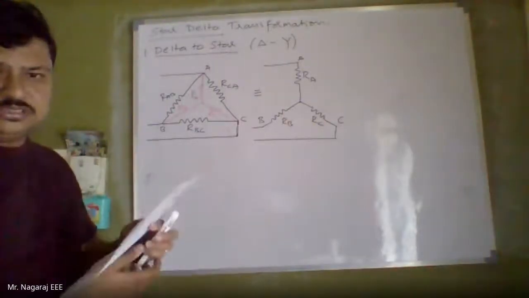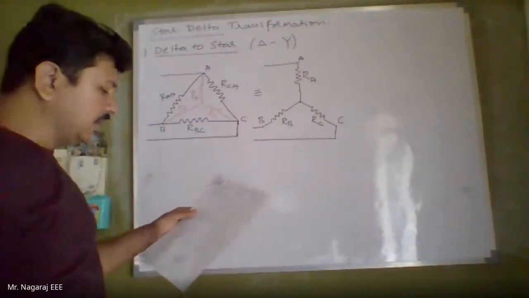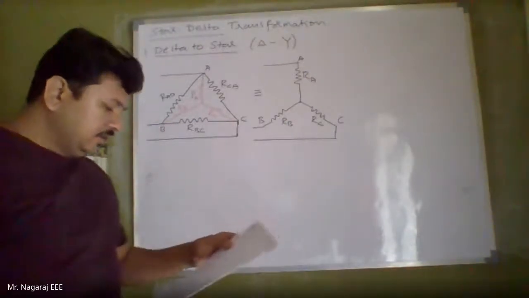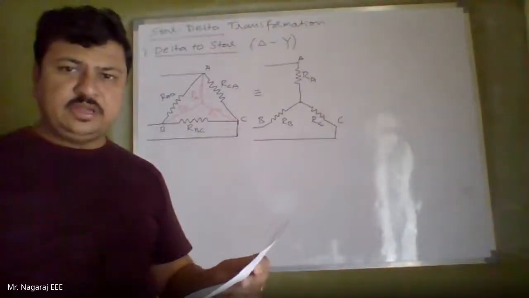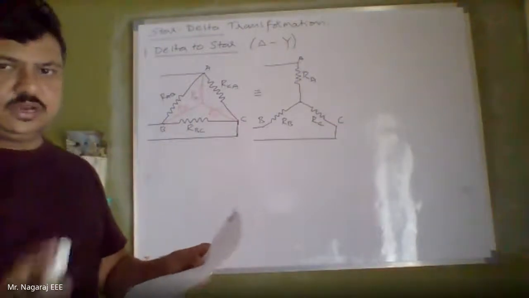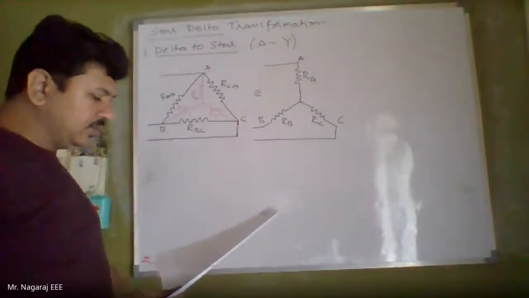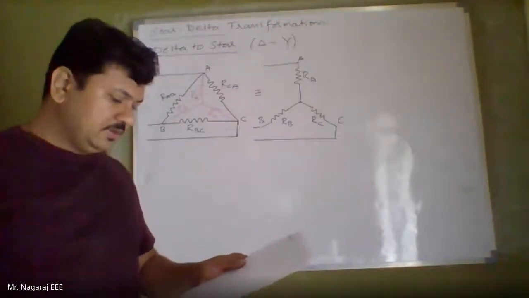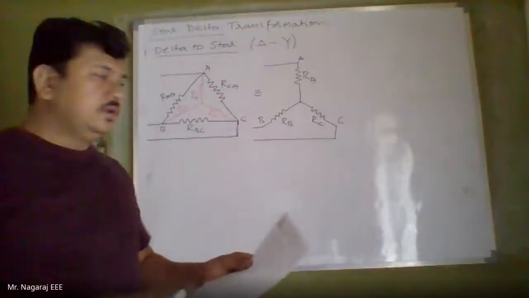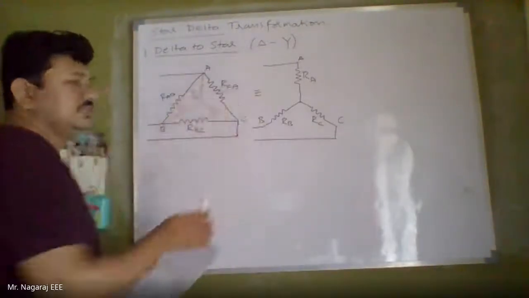I will read it out as it is. The basic principle of conversion, star to delta or delta to star, is that the equivalent resistance between two terminals, or two points, or two nodes, or two lines, is the same. The equivalent resistance between two terminals in both the connections should be the same.